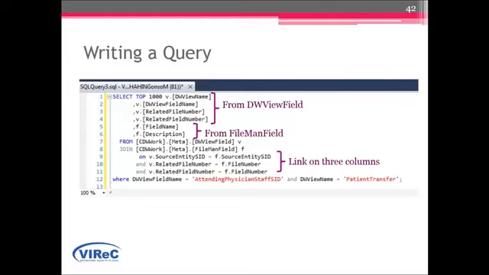Simultaneously, to write this query, remember I'm bringing two meta views together, and I'm joining on several of their fields to make sure that I get the information linked very specifically. So I'm going to connect on the file number from VistA, which will be translated to the related file number in the CDW, and I'm going to connect on the field number from VistA, which will be the related field number in CDW, and then just the linking key between the DW view field and fileman, which is source entity SID inside the CDW views.